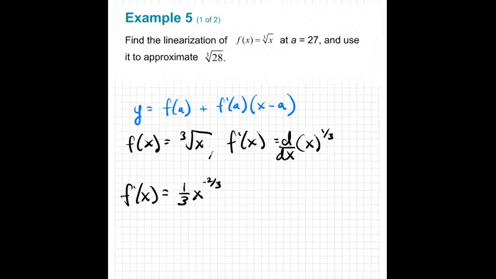Find the linearization of this and use it to approximate that. So then, let's see, y should be f of a.